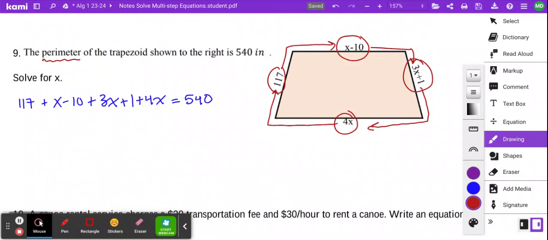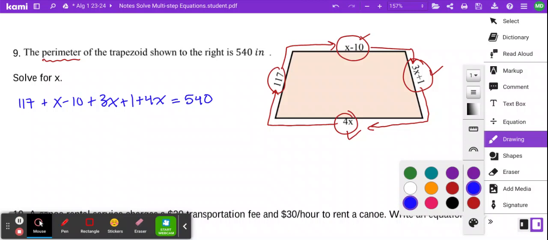So we can write an equation: our 117 plus our x minus 10 plus our 3x plus 1 plus our 4x. We can go ahead and combine some like terms. So find all of our x's. Here's our 4x, here's a 3x, and here, sneaky, is a 1x.